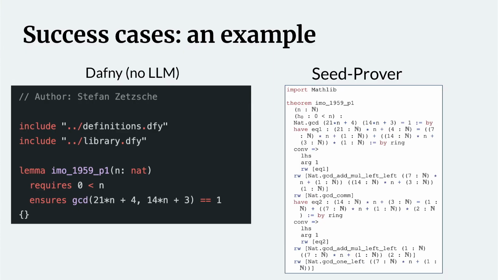And here's a proof from the model that saturated the benchmark, Seed Prover. The formatting was fit to make the slide, but it's roughly 15 lines of code. In Dafny, that's trivial. It's just an empty proof. The proof is always in the pudding.